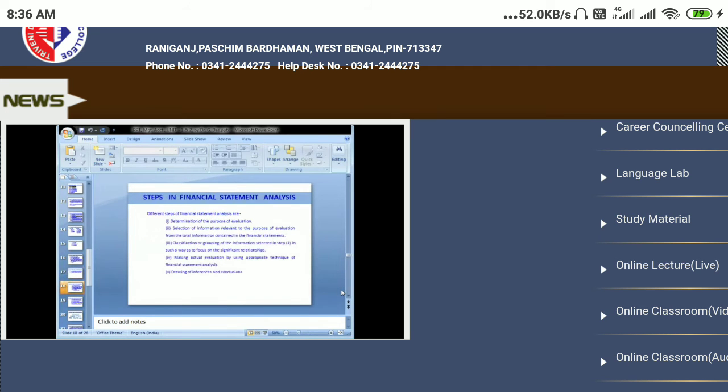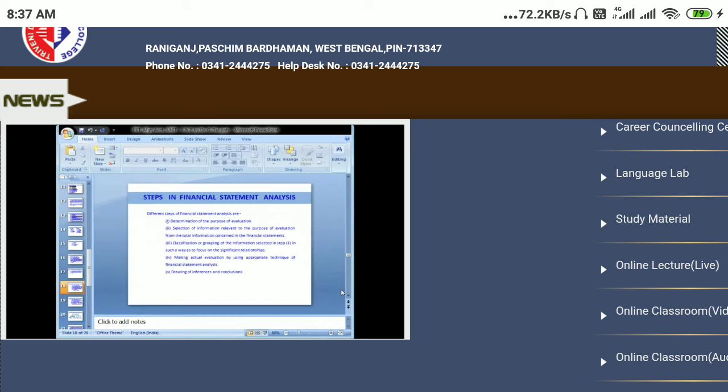The next topic is steps in financial statement analysis. The different steps of financial statement analysis are: first, determination of the purpose of evaluation. Second, selecting information relevant to the purpose of evaluation from the total information contained in the financial statement.